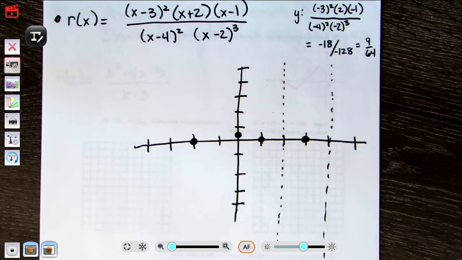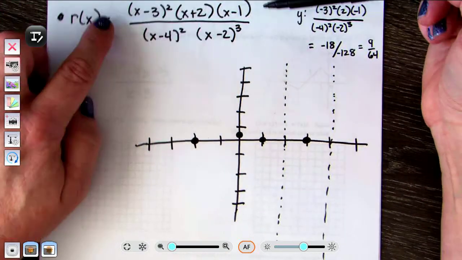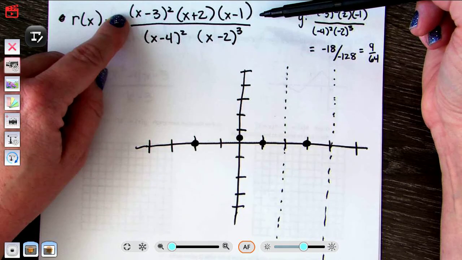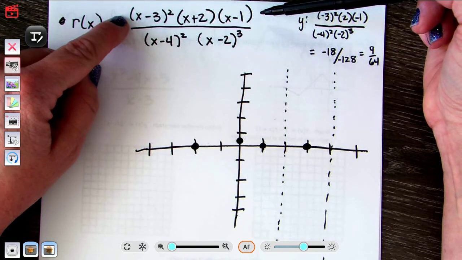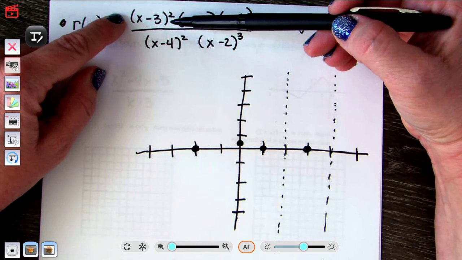All right, now we need to know if we have any horizontal asymptotes. To tell if we have a horizontal asymptote, we need to know the degree of the numerator and the degree of the denominator. So if I multiplied this all out, which I do not want to do, this would be an x squared, because I would FOIL it.